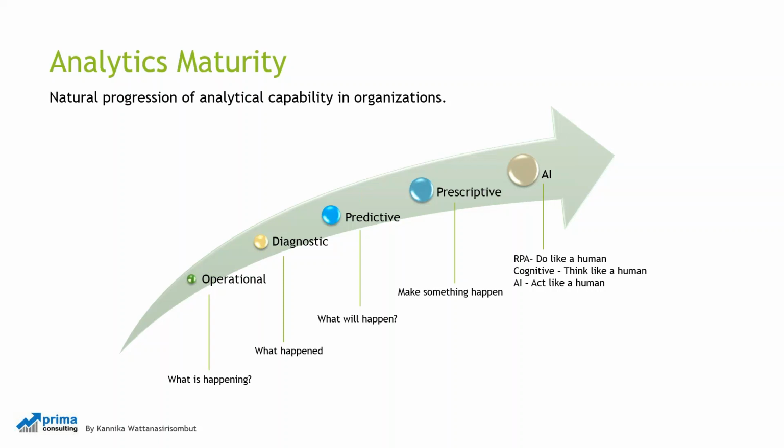And the type of questions are: what is happening? How many sales have you done this month? And the example of business intelligence tools that is used is static report or tabular report to provide those information.